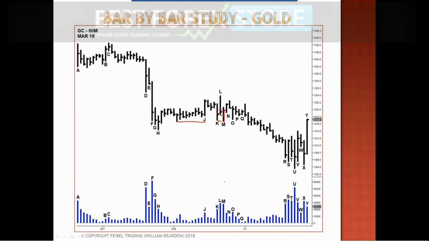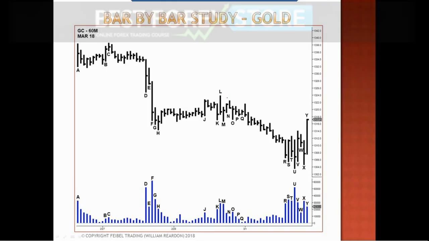So it achieves a great deal with fairly good volume. And we would expect some follow through to the upside. Our line in the sand would have to be this high here. We would not want to see price close above this level. If so, we'd have to get rid of our shorts.